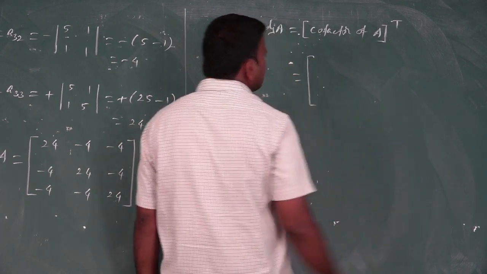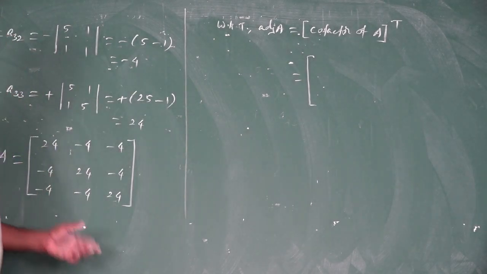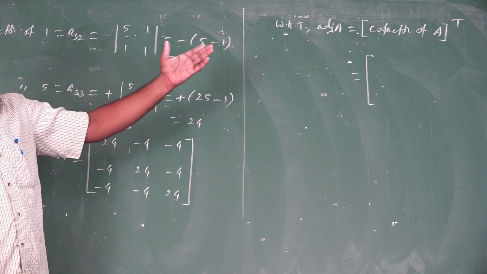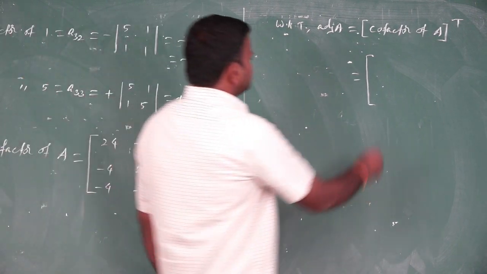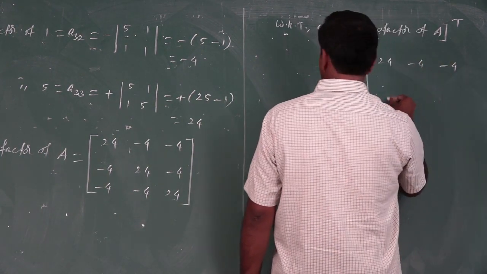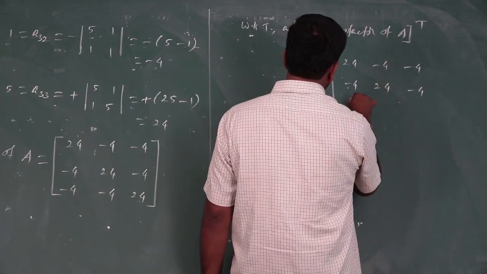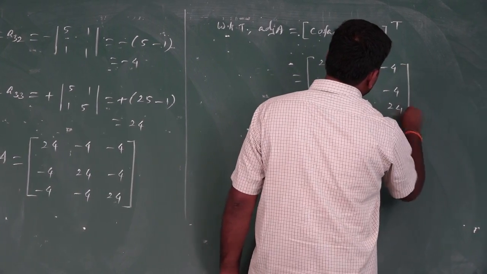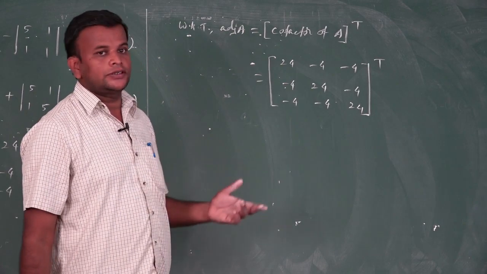What is the cofactor of A value? The cofactor of A is the matrix whose transpose is nothing but the adjoint. So we write this cofactor value: 24, -4, -4; -4, 24, -4; -4, -4, 24, whose transpose is nothing but the adjoint.